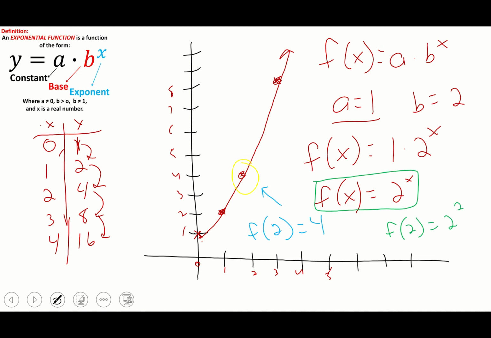Basically, I'm putting my 2 in for x, replacing everything. But this also tells me, when I put 2 in, I'm getting out f of 2 equals 4. So if they're asking you f of a number, it's asking for the y value.